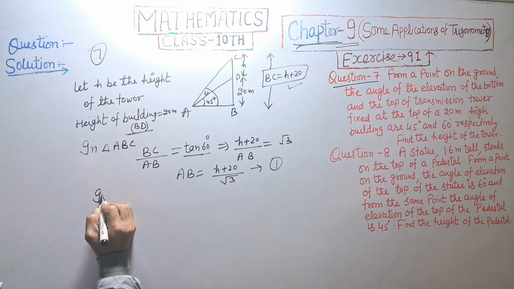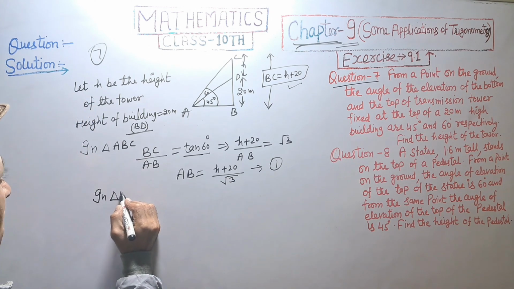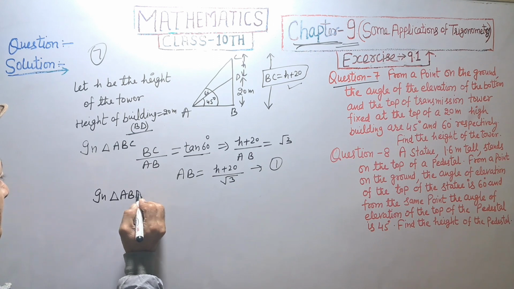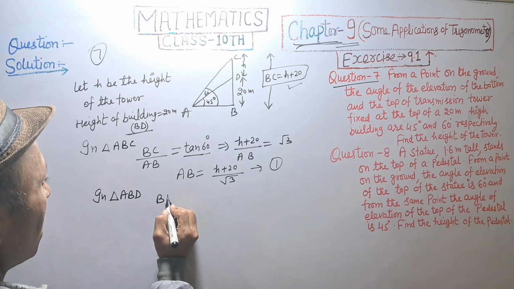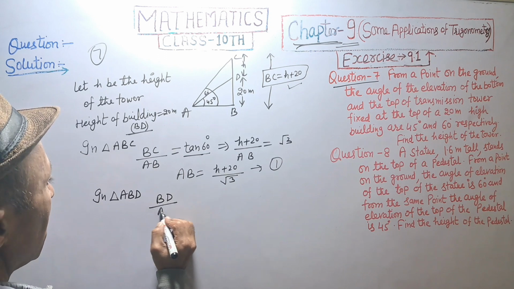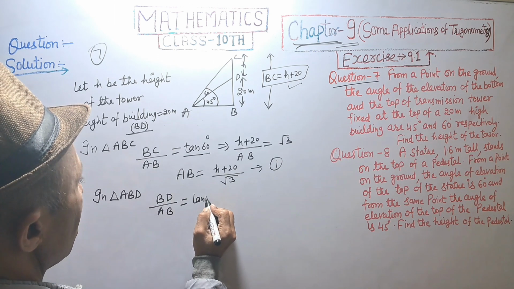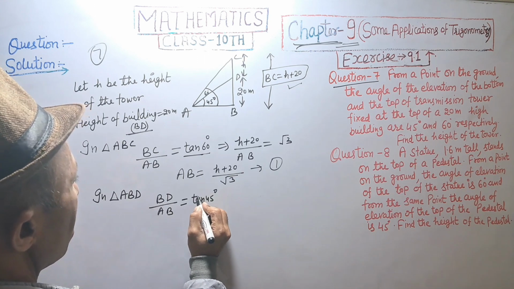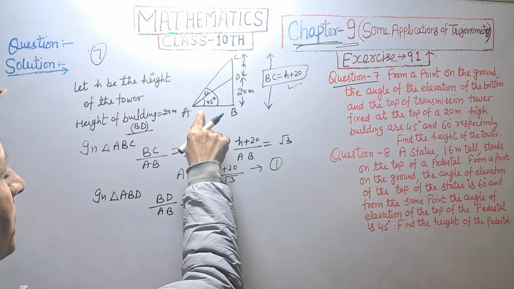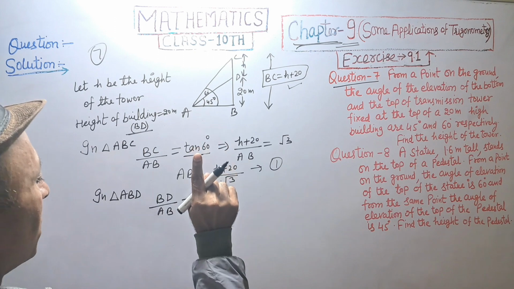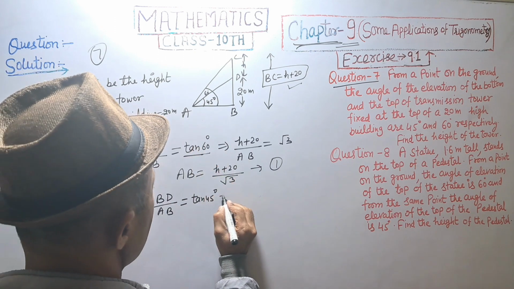And in triangle ABD, BD upon AB is equal to tangent 45 degrees. We know that tangent 45 degrees is equal to 1.